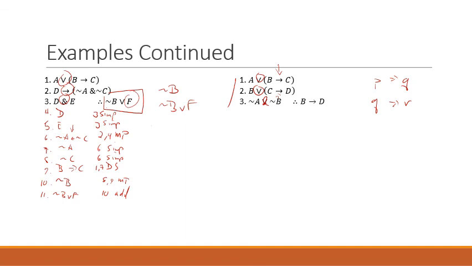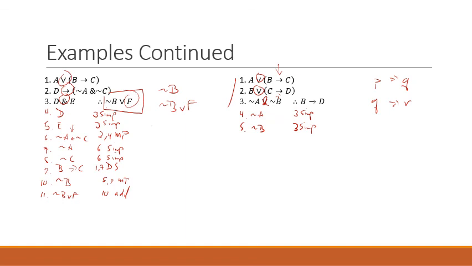And that will allow us to use the simplification rule. So assuming that this is an and not an or in line 3, we can get not A through simplification, and we can get not B through simplification. Yeah, it definitely has to be a conjunction in order to work.